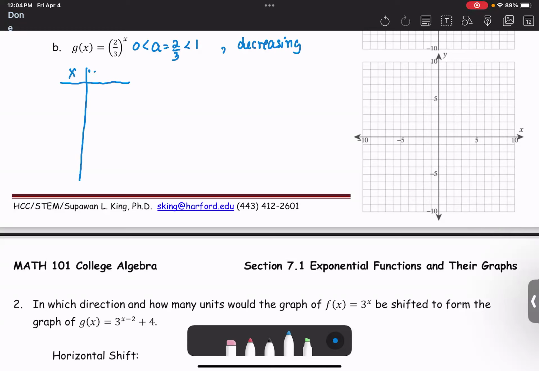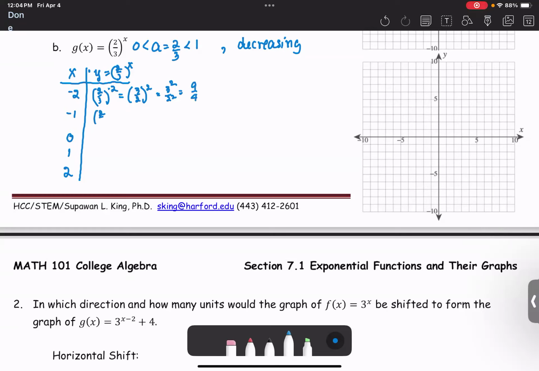So x here and the y, which is 2 over 3 to the power x. X negative 2, negative 1, 0, 1, 2. Y gonna be 2 over 3 to the power negative 2. The power negative, take the reciprocal with the power positive. It becomes 3 squared over 2 squared, which is 9 over 4.